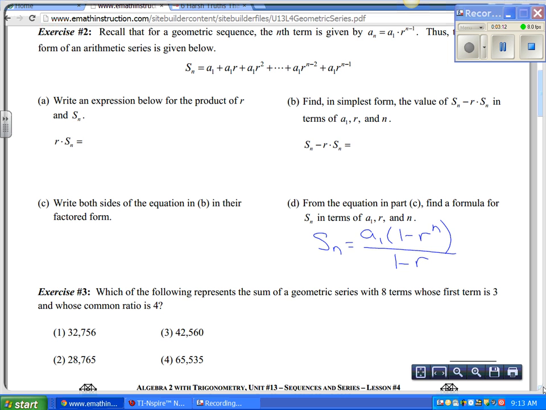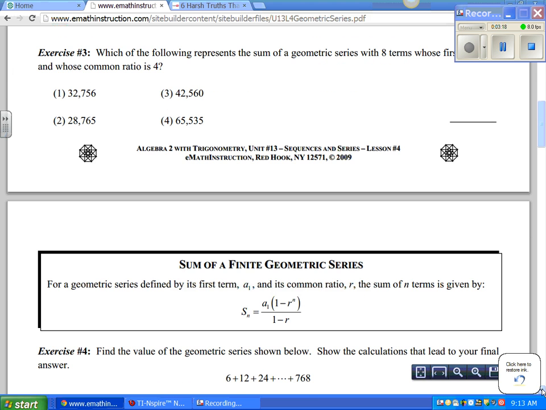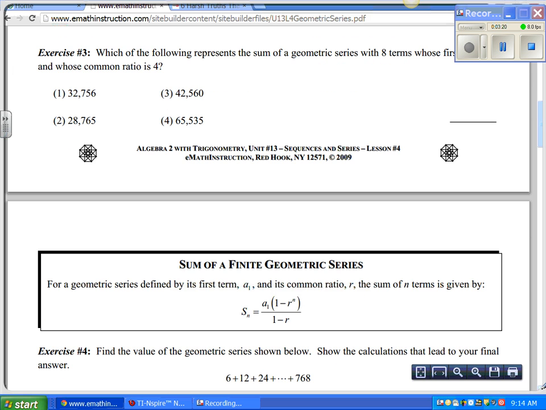Okay, you ready to try it? All right, so exercise 3 says, which of the following represents the sum of a geometric series with 8 terms whose first term is 3 and whose common ratio is 4? So I want you to write down your knowns. What are your knowns? What's my first term?